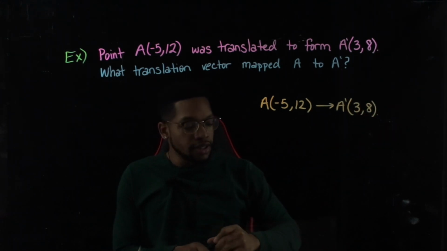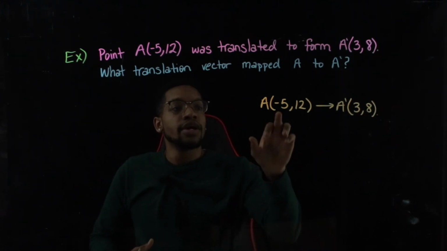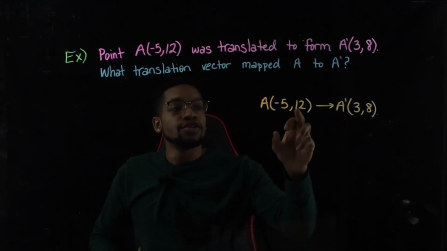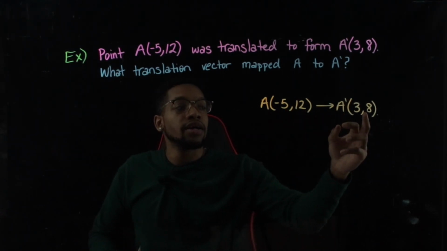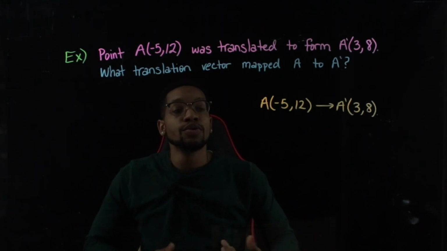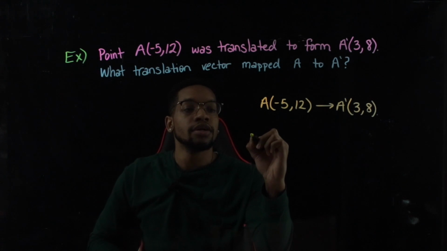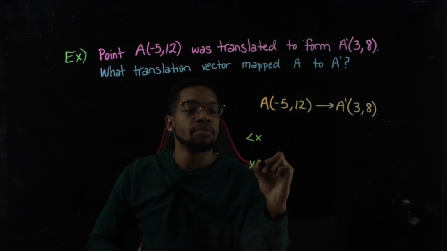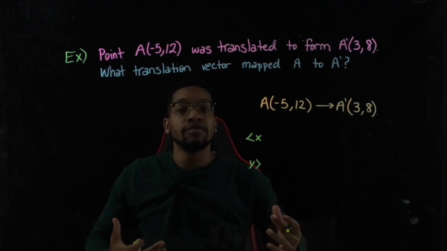And so basically, again, I'm going to use a rule. So -5 plus some X gave me 3, and then 12 plus some Y gave me 8. So I just got to figure out what is that X and that Y. And so there's 2 components to it. There's the component for the X direction, and then there's a component for the Y direction of our vector.